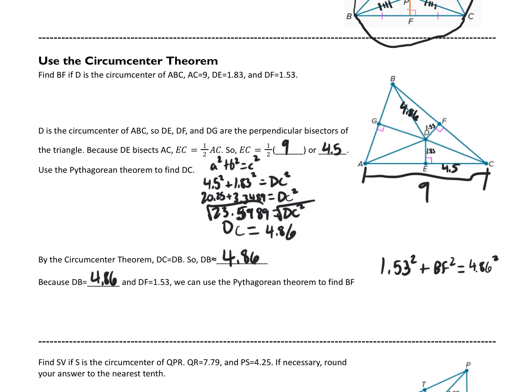So I'm going to square the 1.53, and I get 2.3409. Square the 4.86, get 23.6196.